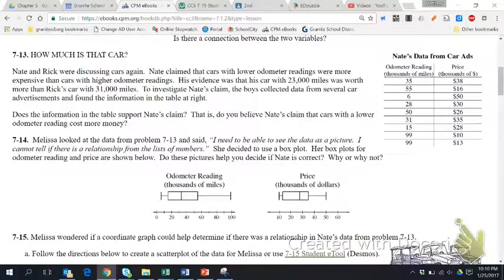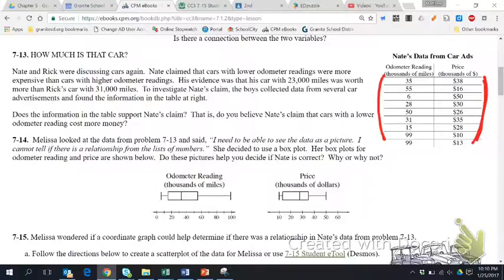Now, as you went through this, you probably had a few problems. One of them is that as I look at these odometer readings, they're kind of scattered about. They're not in an easy order, and that makes it so that the prices also aren't in an easy order. It's harder to tell whether or not smaller leads to more money or vice versa.